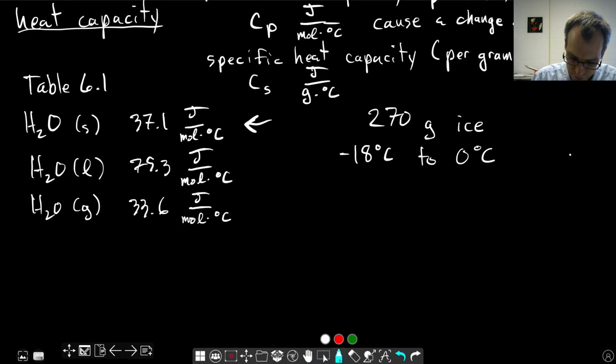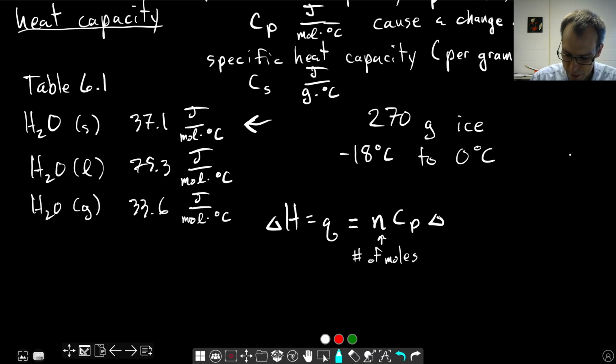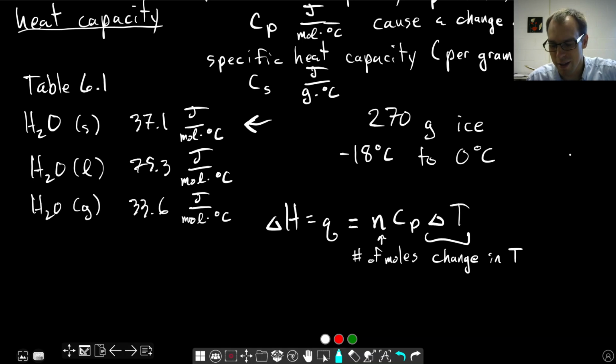Our delta H, or Q, if we assume this is at constant pressure, will be given by the number of moles, times the molar heat capacity, Cp, times the change in temperature. Here again, we're seeing this delta symbol show up. And this will be the heat associated with heating, in this case, or cooling. That change in temperature could be positive or negative. In this case, it's positive.